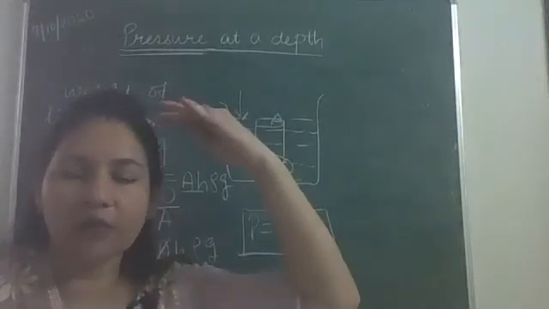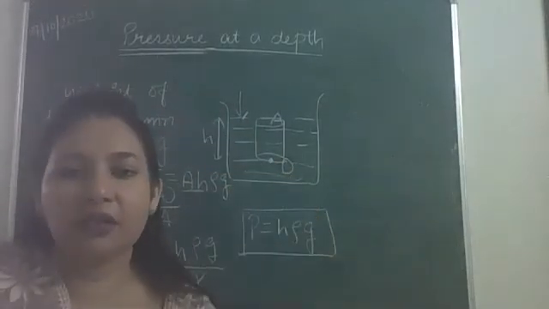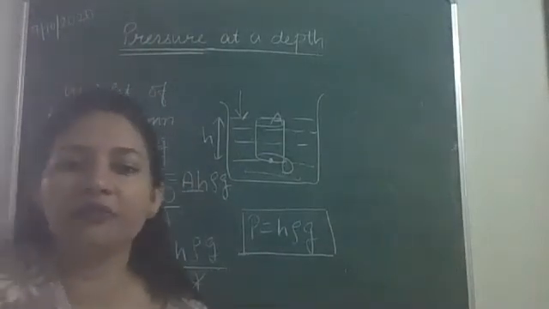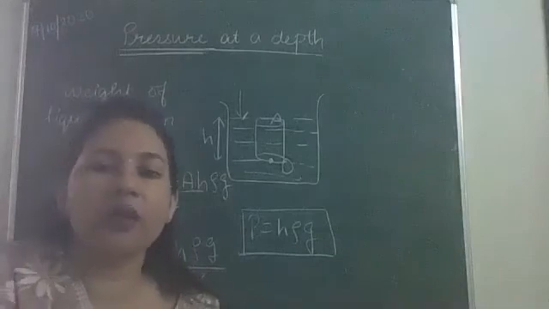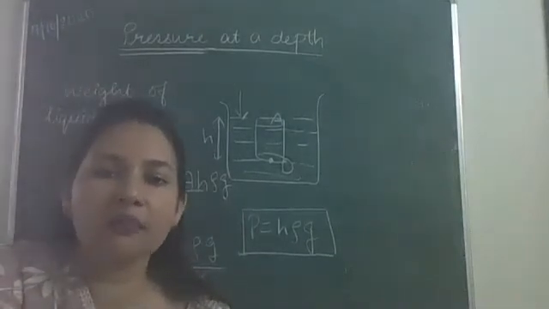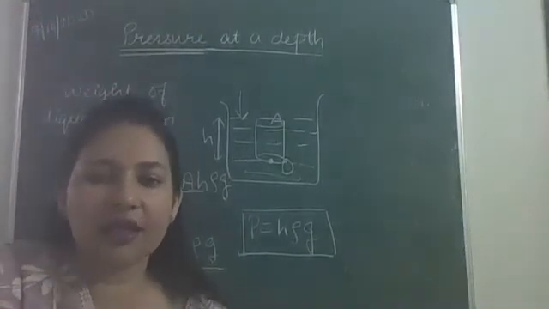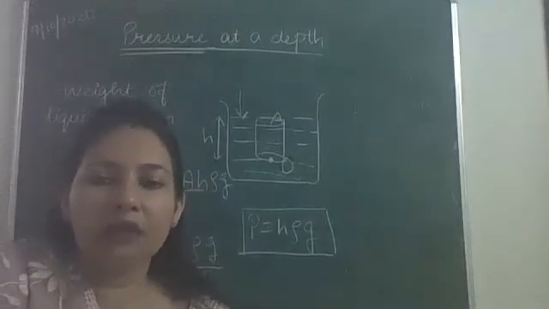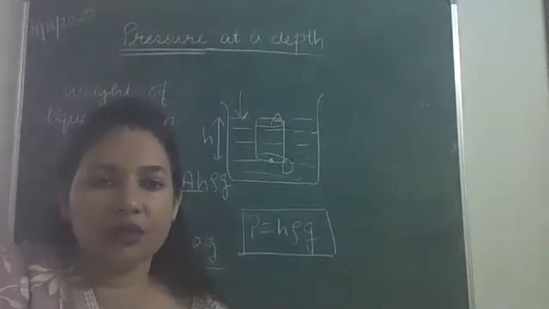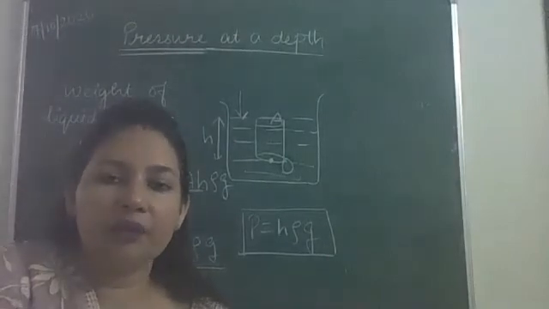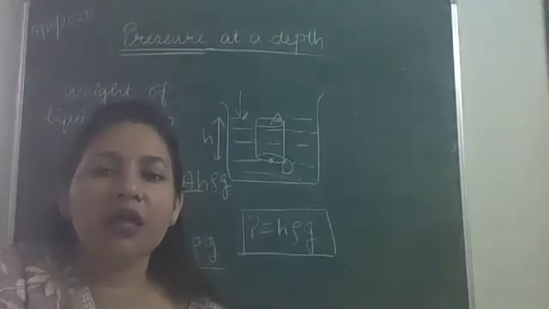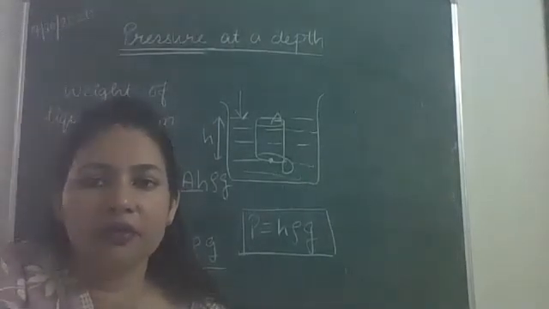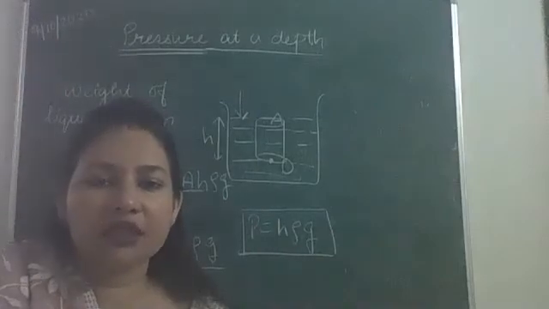Because if we start from here, then at the feet the length of the blood column is maximum. h is maximum at the feet, so pressure P equals h rho g is also maximum at our feet. So write the second conceptual based on this logic. Where is the blood pressure maximum in the human body, at the feet or at the brain? You can write head also. Okay, is that concept clear to you?